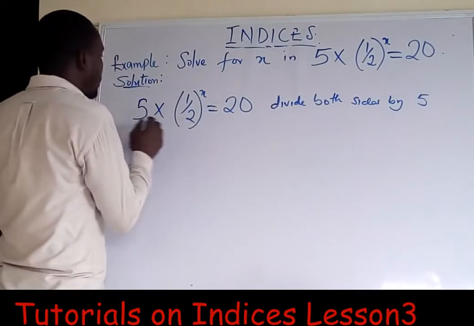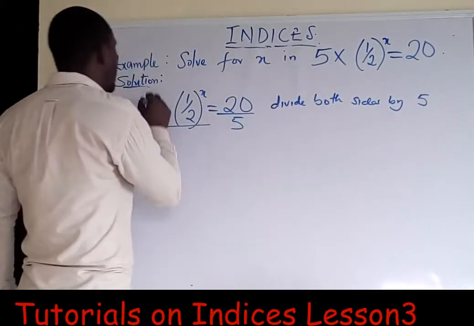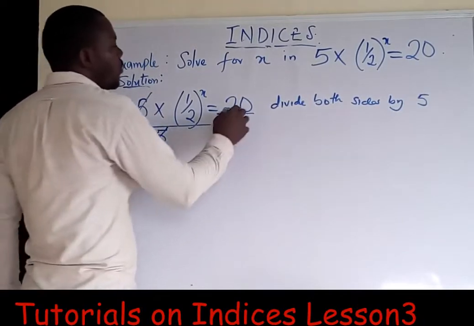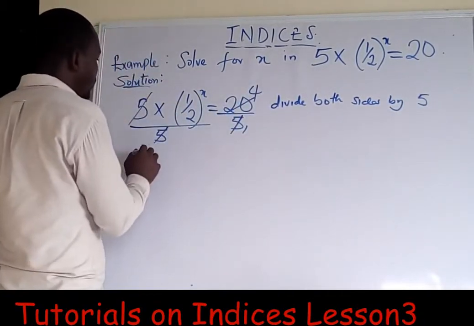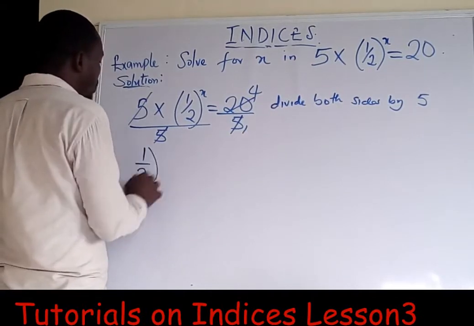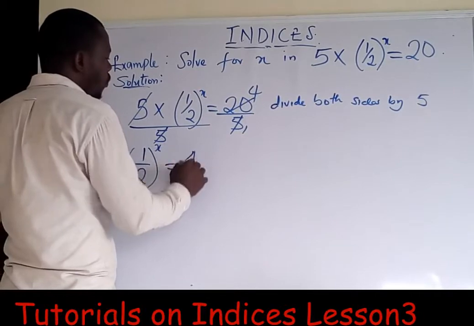What we are going to do there is divide this one by 5, divide this one by 5. So this 5 cancels this 5, and 5 here, 1, 5 here, 4. So what we have left is (1/2)^x equals 4.